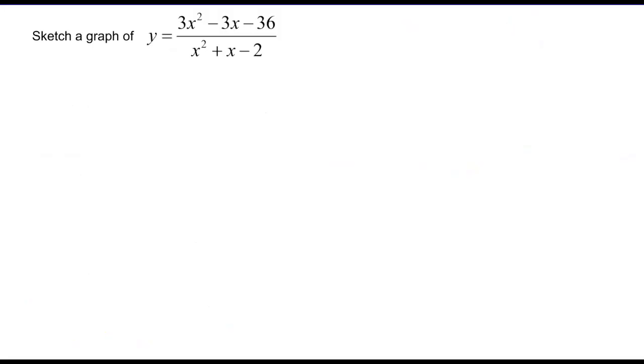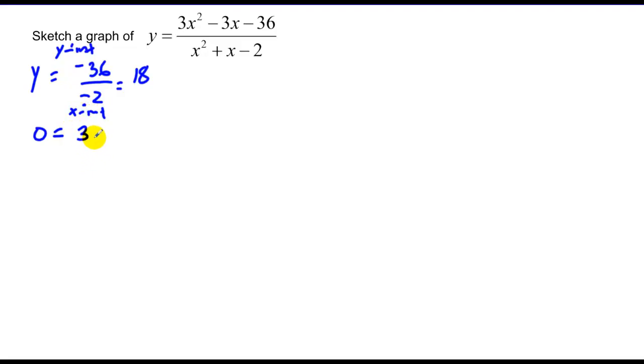A little more involved. We'll go through once again, find our x-intercepts and y-intercepts. Y-intercept at x equal to 0, we end up getting negative 36 over negative 2, or 18. Find our y-intercept, or our x-intercept, sorry, that was our y-intercept. Find our x-intercept, set y equal to 0.